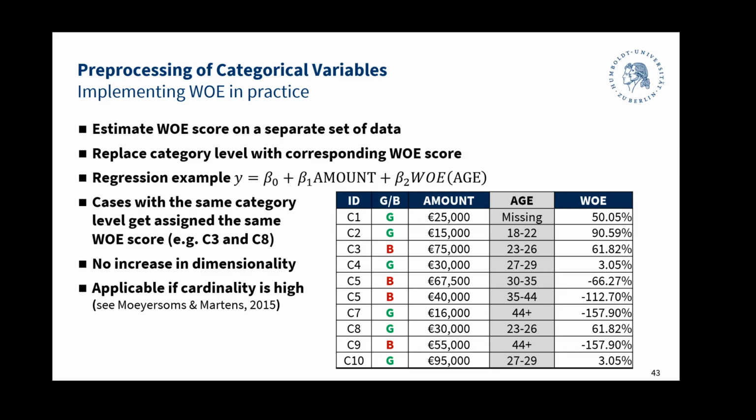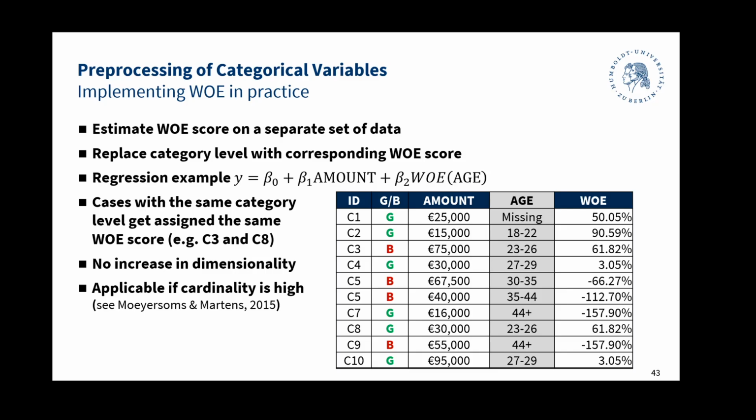There are some caveats to note here. If you have many category levels and one of them is associated only with goods or bads, then the calculation is strictly not possible, but there are ways around that. And there is a nice paper by Moyers and David Martins where they basically show how the weight of evidence approach is feasible and actually effective even for high cardinal categorical variables.